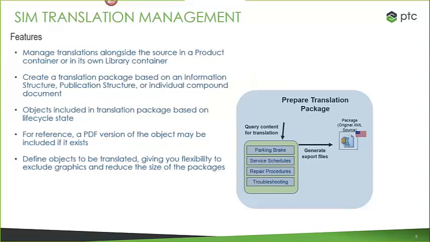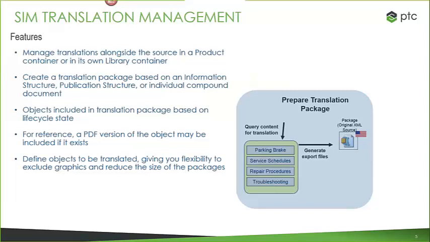In my example, as you'll see, it'll be content that's in the release state that will be included in the translation package. If some of the documents are not yet ready to be translated, those would not be included in the package. For reference, a PDF version of the object, either the structure or the data map, can be included if it exists.